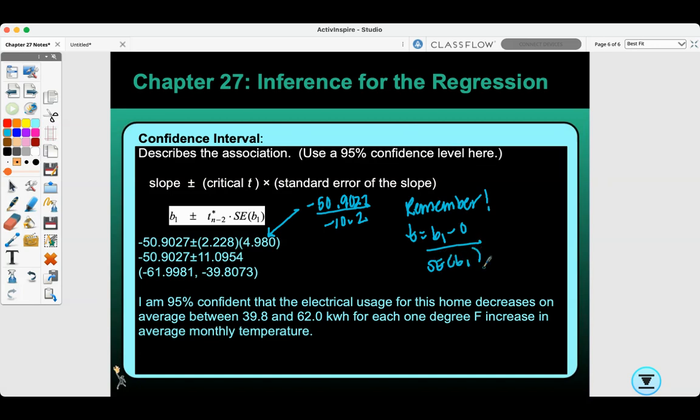Then I can solve for the standard error of b1 to get b1 over t. So you go through, you find your confidence interval, and you would say, I am 95% confident that the electrical usage for this home decreases on average between 39.8 and 62 kilowatts an hour for each 1 degree Fahrenheit increase in the average monthly temperature.